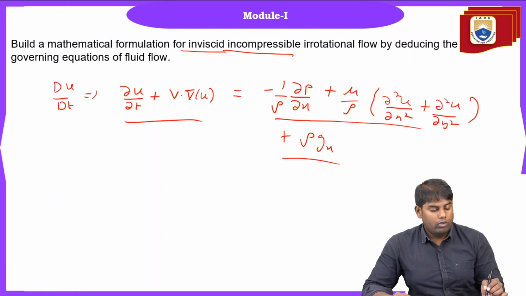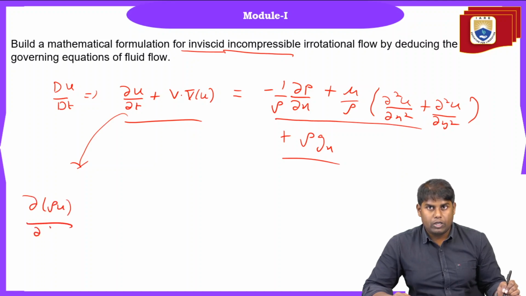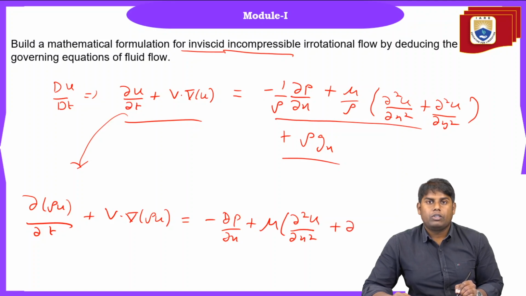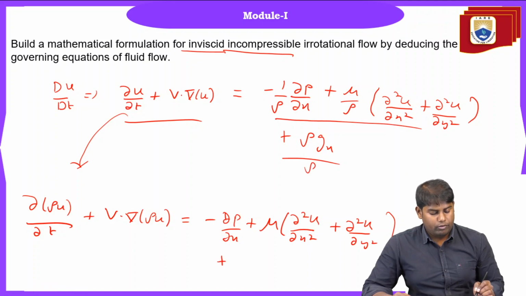Why? Because if the flow is compressible, the resultant equation would have dou rho u by dou t plus v dot del rho u equal to minus dou p by dou x plus mu into dou square u by dou x square plus dou square u by dou y square, plus rho g x.